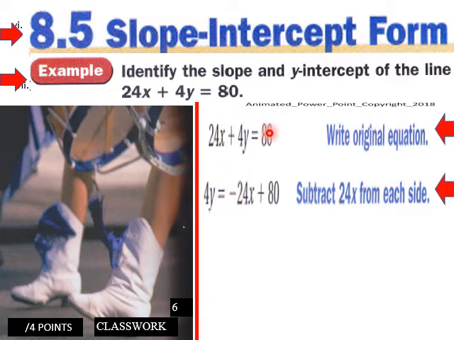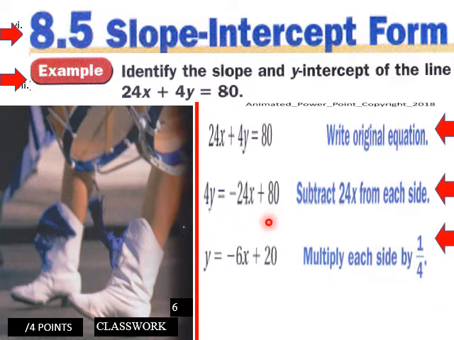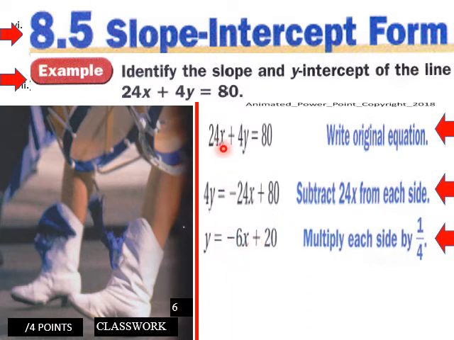We move our 24x over by subtracting 24x from each side. Now we have 4y equals negative 24x plus 80. Now we divide through by 4, so we end up with y equals negative 6x plus 20.